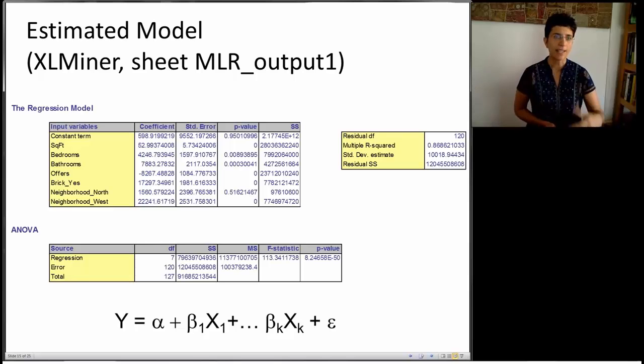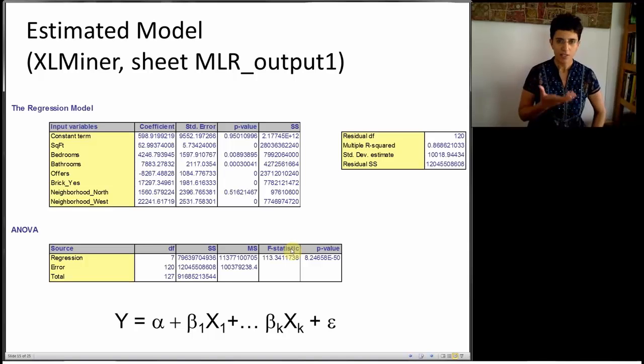Here we can see the output from running XLMiner with a specified linear regression. At the bottom, I see the ANOVA table, and I can see the F statistic that tests whether, as a model, this set of predictors is useful for explaining the variation in price, with its p-value, which is highly significant in this case.